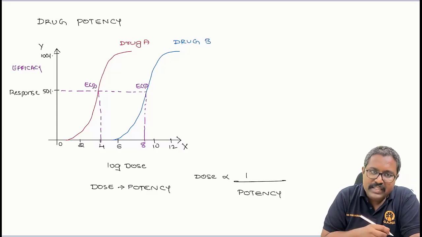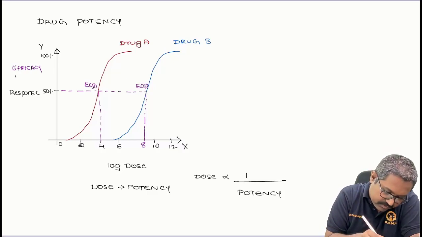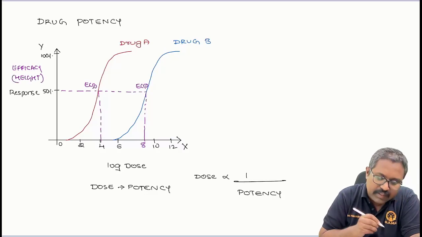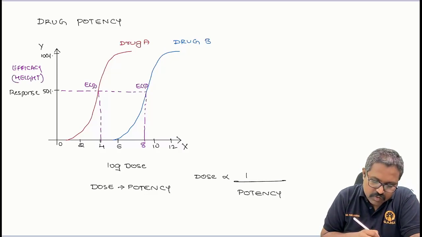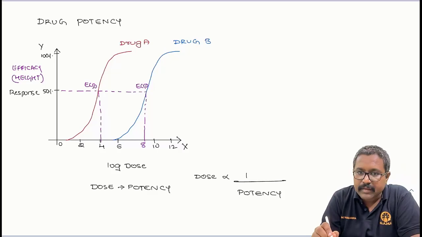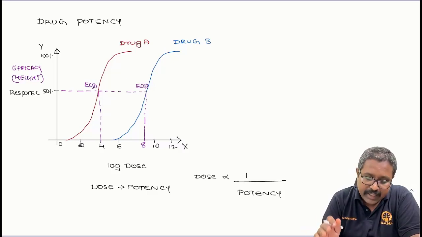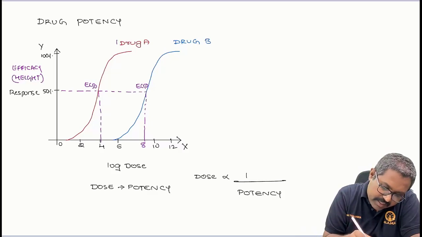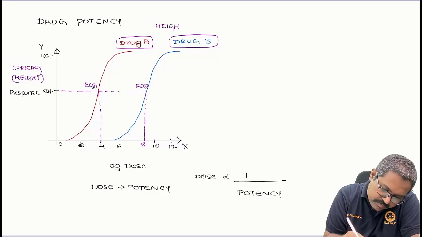So as we said, the y-axis measures the efficacy. Efficacy is nothing but the height of the curve. Among drug A and drug B, are there any differences with respect to the response obtained? So the height of drug A and B are the same.